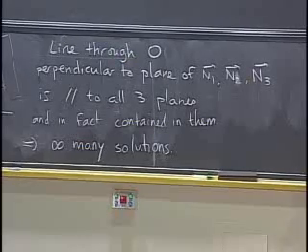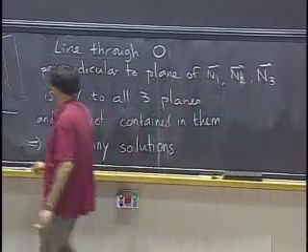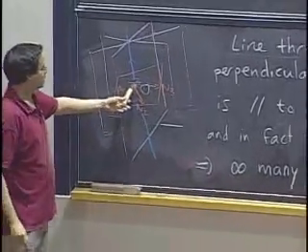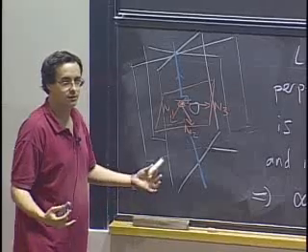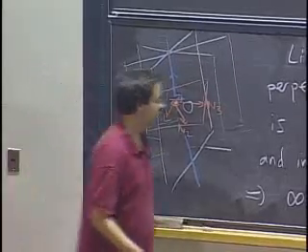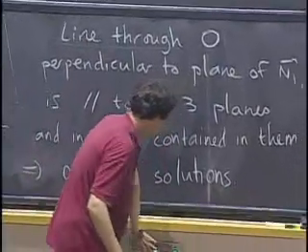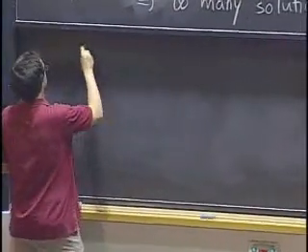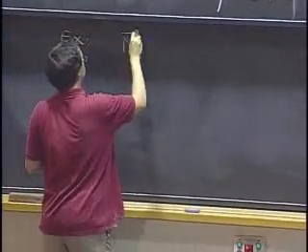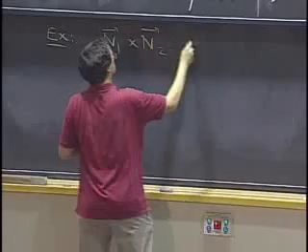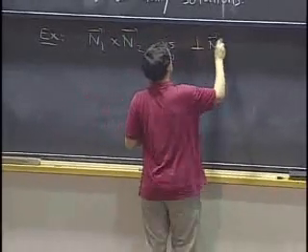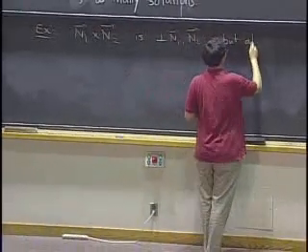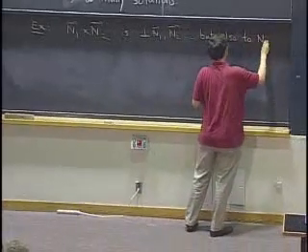And how do I find these solutions? Well, if I want to find something that's perpendicular to n1, n2, and n3, if I just want to be perpendicular to n1 and n2, I can take their cross product. So for example, n1 cross n2 is perpendicular to n1 and to n2, and also to n3, because n3 is in the same plane as n1 and n2.